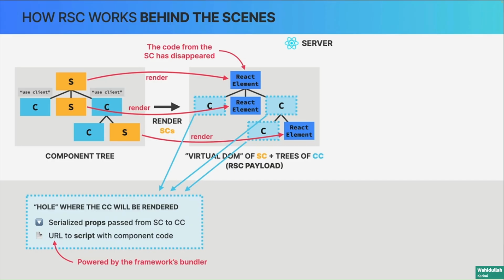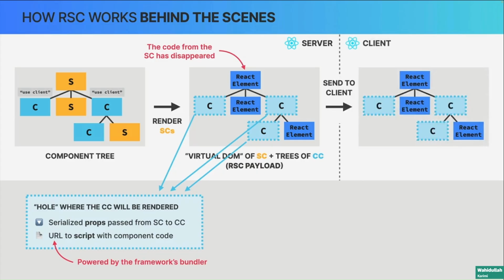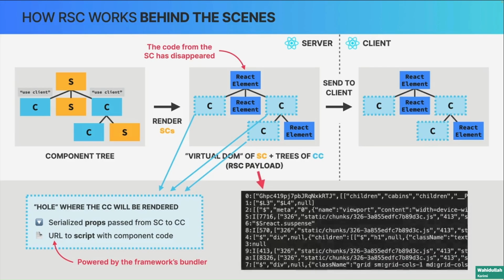Now, this is called the RSC payload because it's this data structure that will be sent to the client in the next step. And by the way, this is what the RSC payload that the client receives looks like. So it's basically this tree, but transformed to a JSON-like data structure.